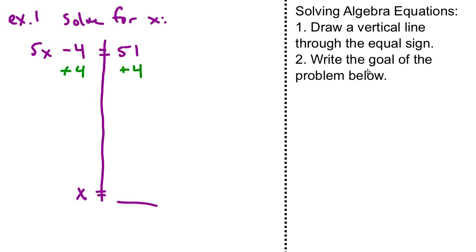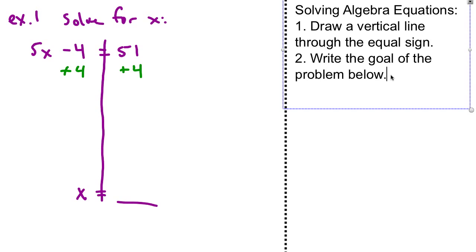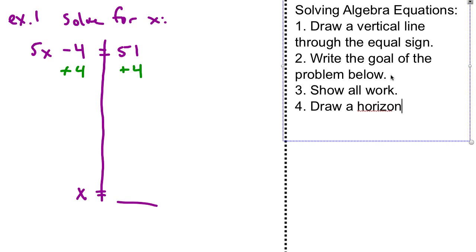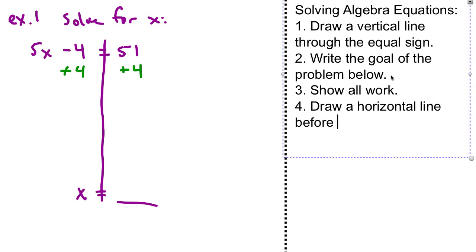What I want you to do at this point is, third, you need to show all work, right? So that's what the plus 4 is. And then fourth, you need to draw a horizontal line before simplifying.